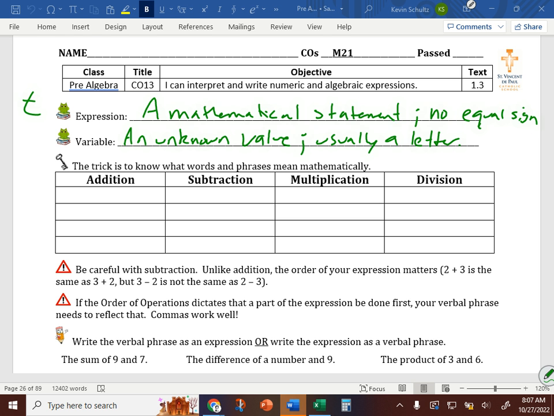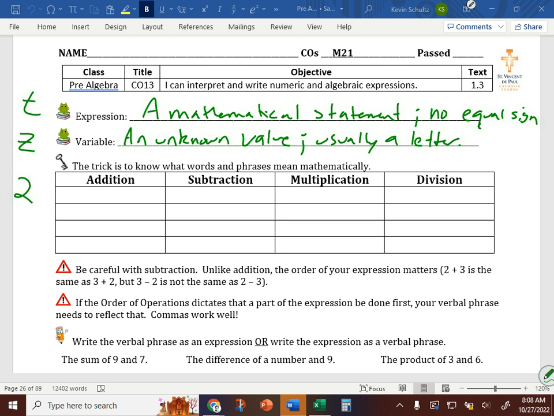I was once told my Z's look like a 2, so now I put a line in there when I use the variable Z. But anyway, so an unknown value, usually a letter, and usually X, Y, or N, but really any letter could be used.